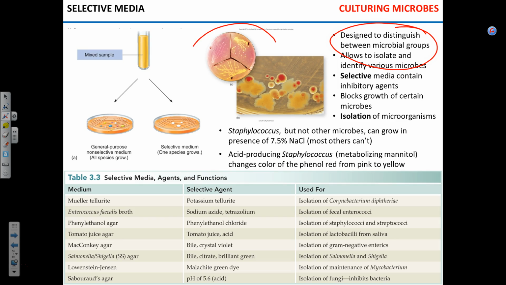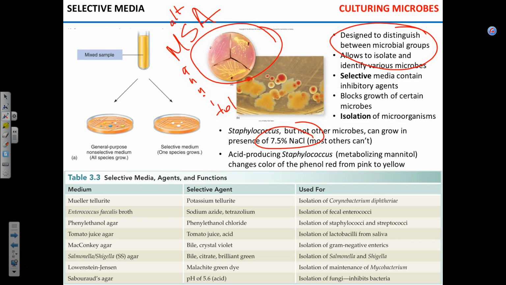For example, this is the Mannitol salt agar, MSA. We're going to work with that. So mannitol is a sugar, okay. S is salt. So mannitol salt agar has the concentration of sodium chloride at 7.5%. It's high. It's a lot. It's really salty.